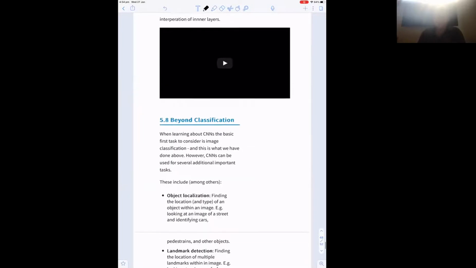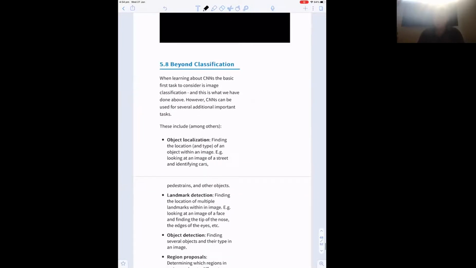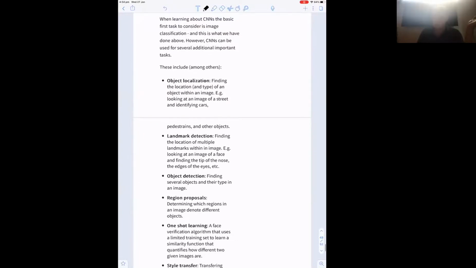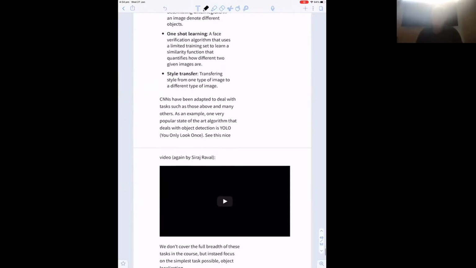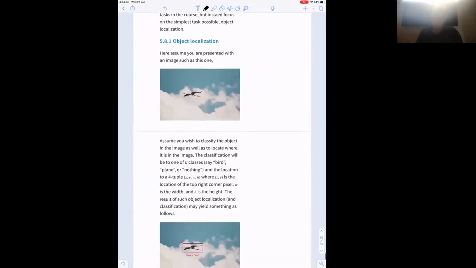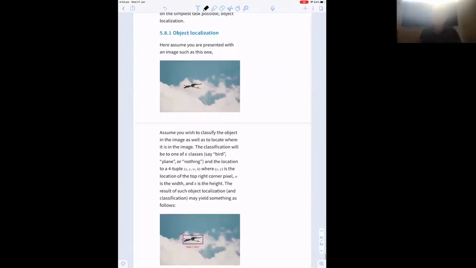And the last thing I want to speak about very, very quickly are all these things that you'll find with convolutional neural networks that are not just classification. The first image task we have is, here's an image, let's classify it. But there are many other questions: localization, landmark detection, detection in general, etc. I'm just going to focus very briefly on the simplest one, just so we get a feel for it.